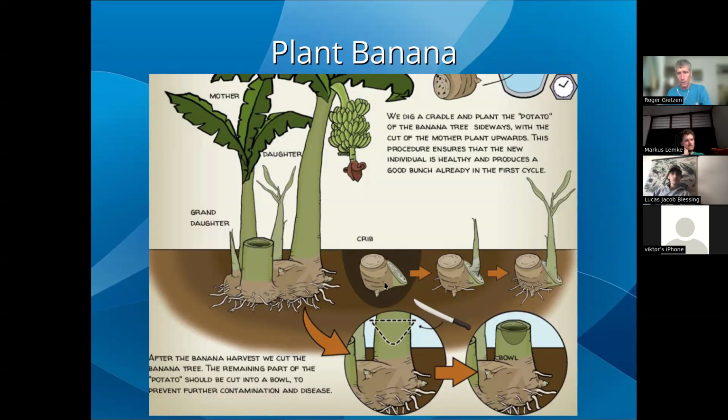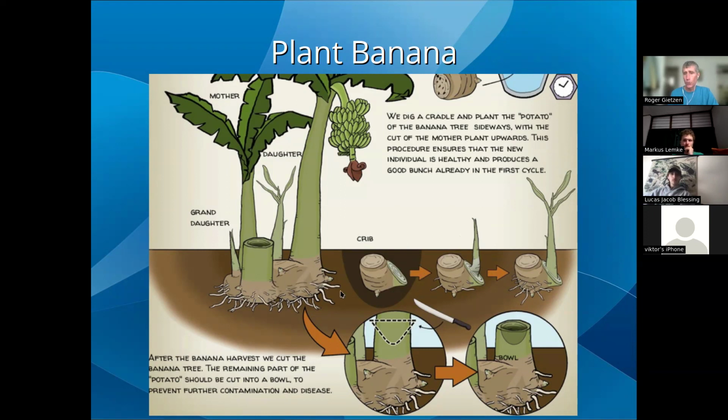This is actually the daughter, and if you can appreciate, the pseudostem would be coming horizontally, and it's cut on an angle and planted either like this, or sometimes we'll plant it even more on its head a little bit. The reason we do that is because then the new growth forms like a hook, as you can see in this design, and it's the same way that the banana would grow off of the main clump.